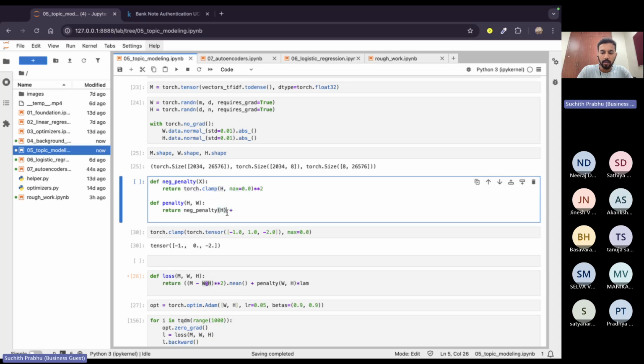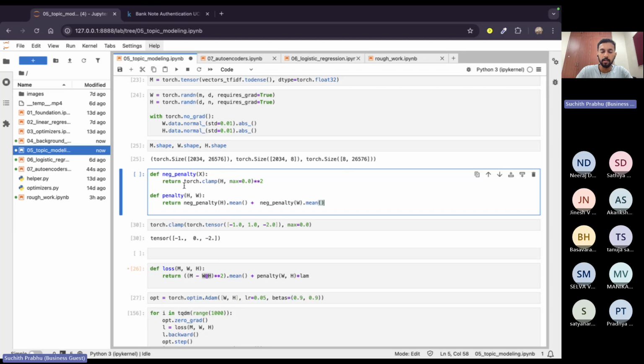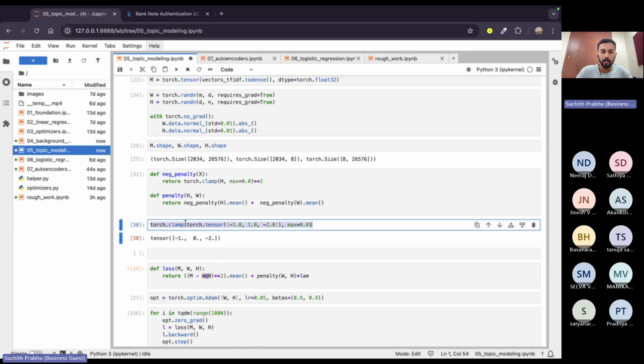So I'll just take the mean of this. Similarly with W. This is just an extra term that I'm adding to the loss function so that I don't get negative values as output.